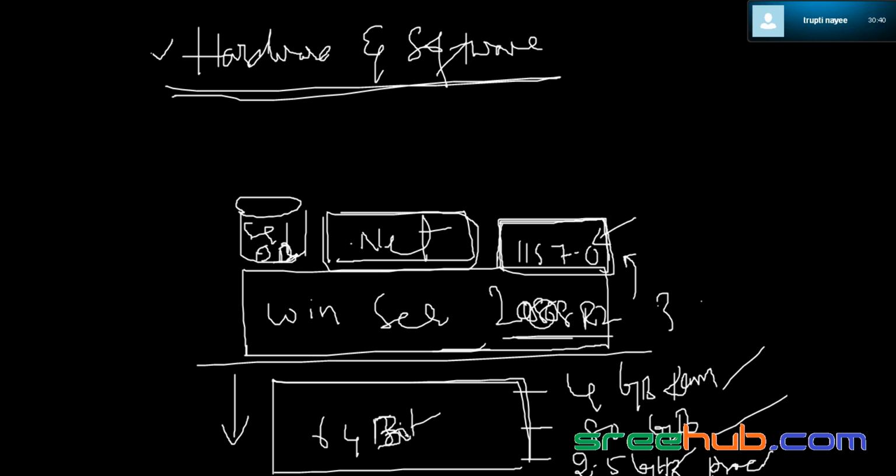Which means your user ID and password should be saved at one point. That is nothing but your database. All your username and password and all your profile, let us say your hobbies, your activities, all your comments, everything will be saved in your database, according to your profile ID. Let us say your ID is Trupti Nai.